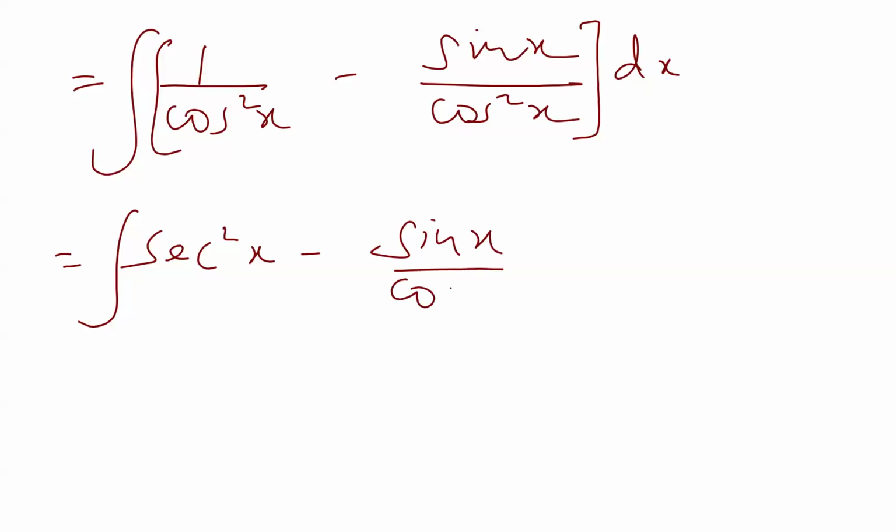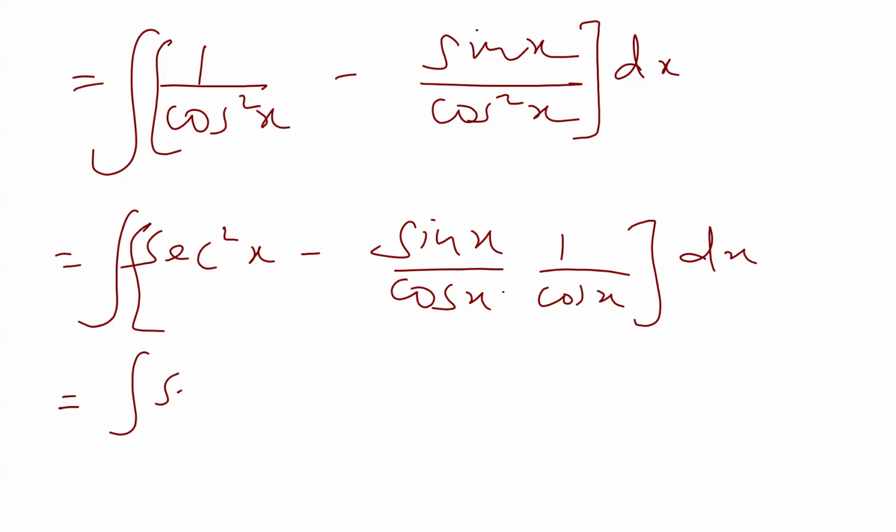And if you remember, we have done this some time back: sin upon cos square. Guys, do you remember this? Okay. So this is integration of sec square x minus tan x sec x.